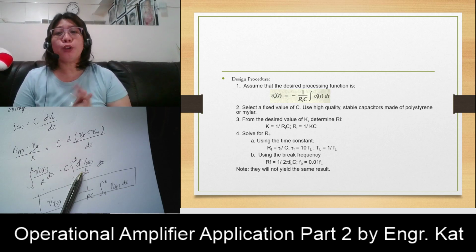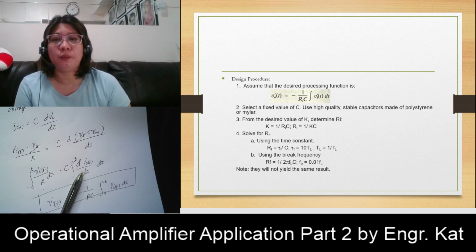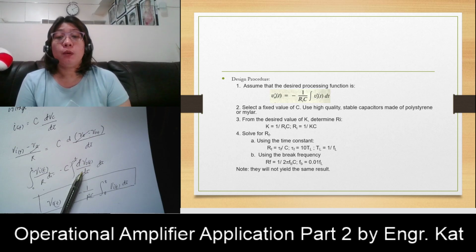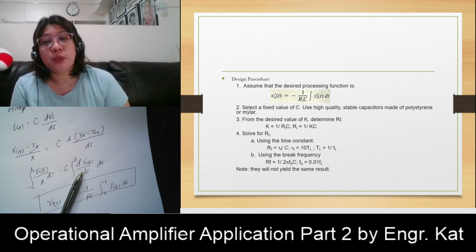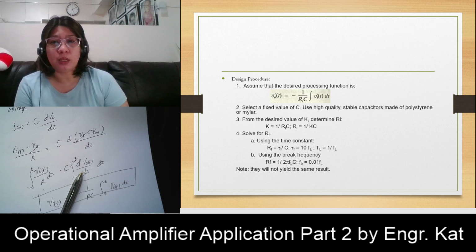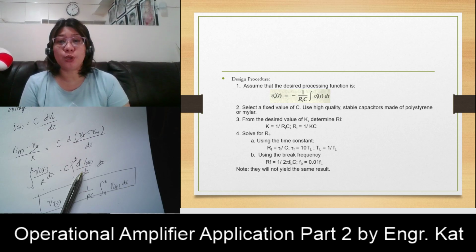Okay, so there are two ways for you to solve for Rf. First is using the time constant, so your Rf is equivalent to your time constant Tf divided by your chosen C, wherein your Tf is equivalent to 10 times your period, the lowest period. So that is your TL.